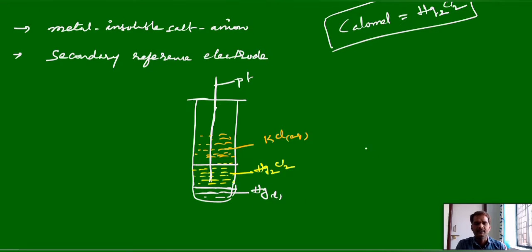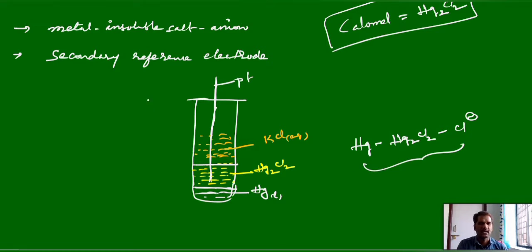Here mercury is a metal, and mercurous chloride, Hg2Cl2, is an insoluble salt, and its anion is chloride, with KCl as the source of Cl minus ions. So this cell is a metal insoluble salt anion cell, the calomel electrode, with mercury liquid at the bottom, mercurous chloride and potassium chloride over that, and one platinum wire dipped in the solution.